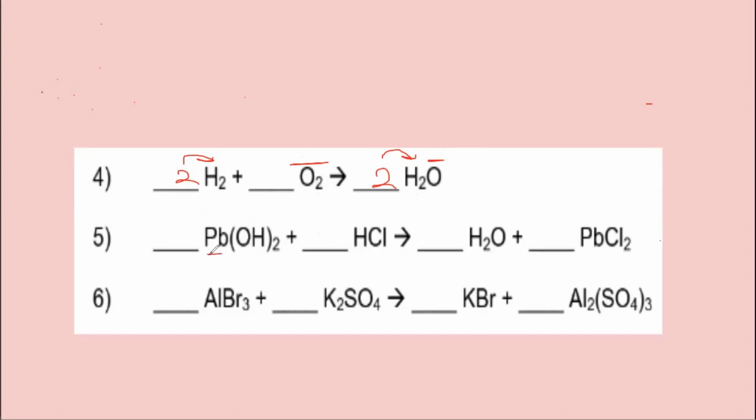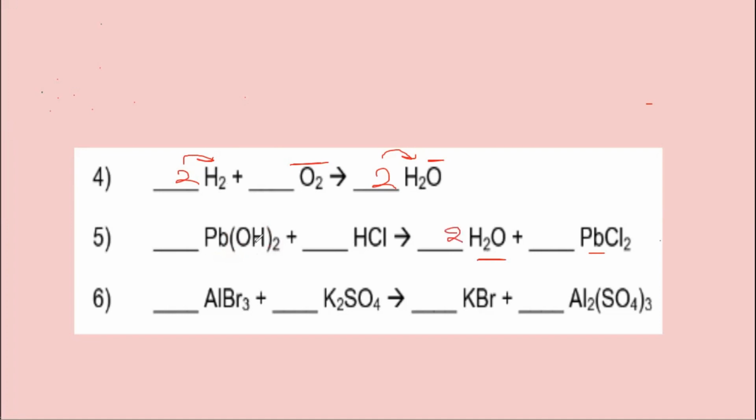Okay, 1 Pb, 1 Pb. I'm seeing number 5 equation, 1 lead, 1 lead. Out of the bracket, OH bracket 2 means what? This 2 goes with oxygen, this 2 goes with hydrogen as well because it is out of the bracket. So we have got how many oxygen? 2 oxygen. But see here, this oxygen is only 1, so make it 2.